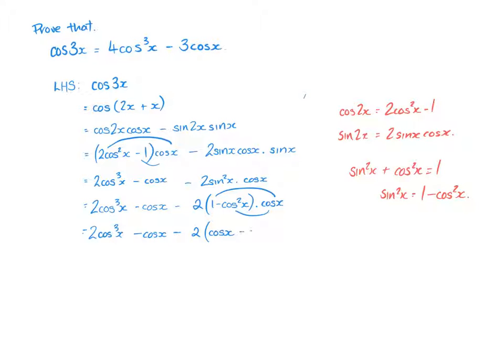So then we're going to get minus cos cubed x, and then again 2 cos cubed x minus cos x, and then multiplying out this bracket, minus 2 times cos x is minus 2 cos x, and then minus 2 times minus cos cubed x, so it's plus 2 cos cubed x. So then we've got 2 cos cubed x and 2 cos cubed x, so we've got 4 cos cubed x, and then we've got cos x, take away 2 cos x, take away 3 cos x. There we go, equals the right hand side.